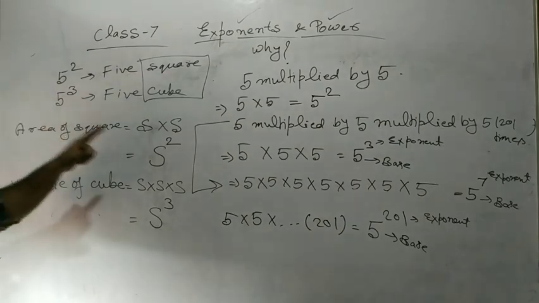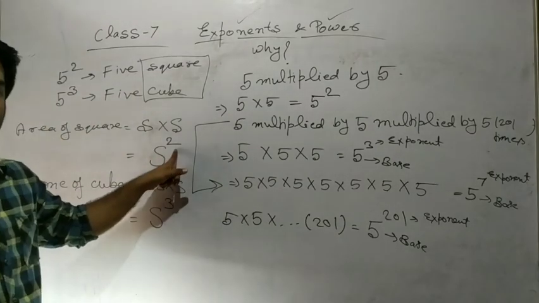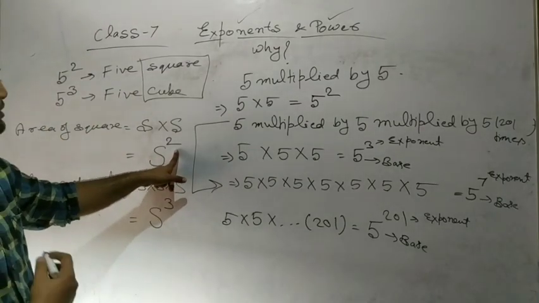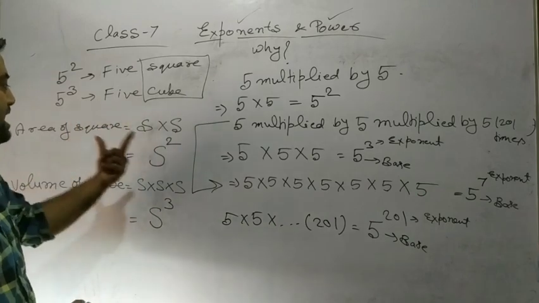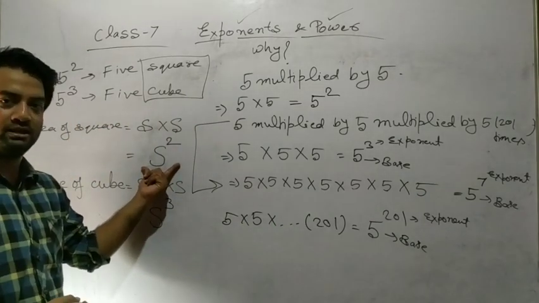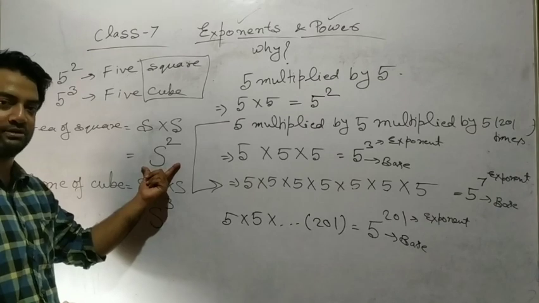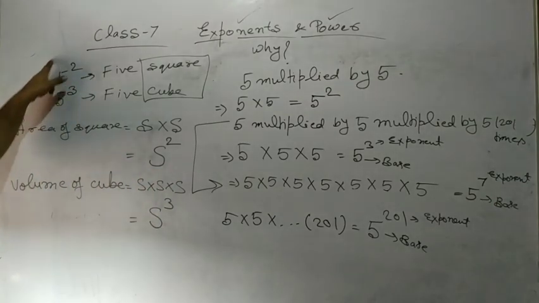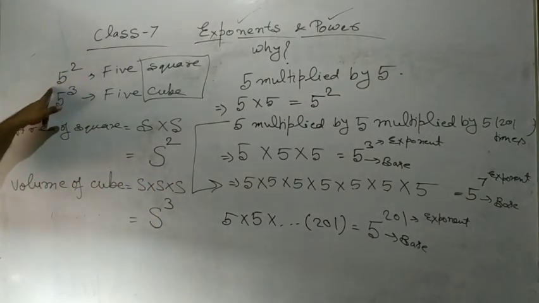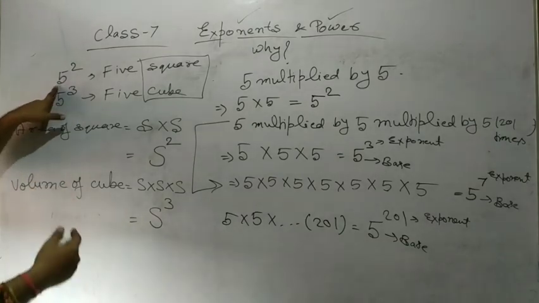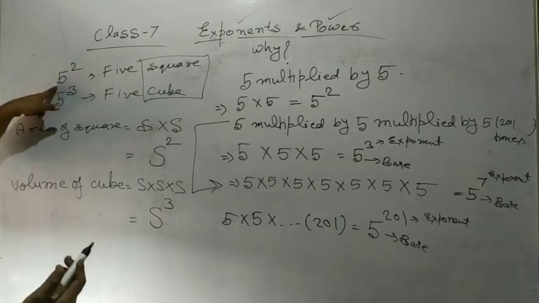Now, any number having power 2 represents the area of the square having the length of that measurement. Like 5 square represents the area of a square having length 5. It could be 5 centimeter, 5 millimeter, 5 meters, 5 feet, anything.